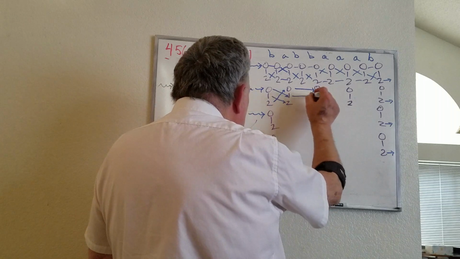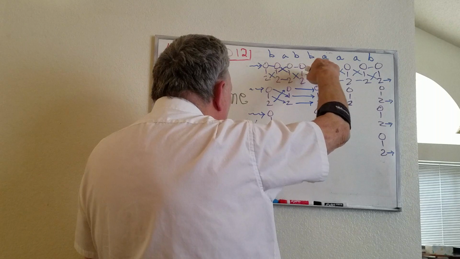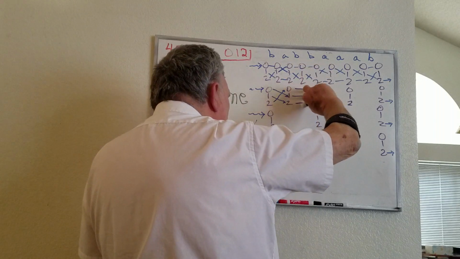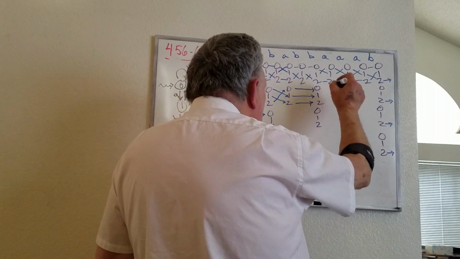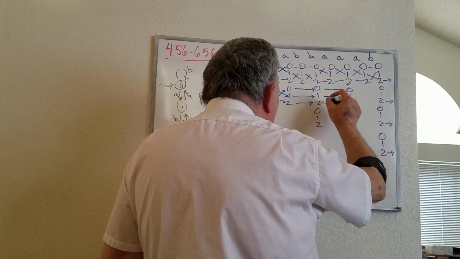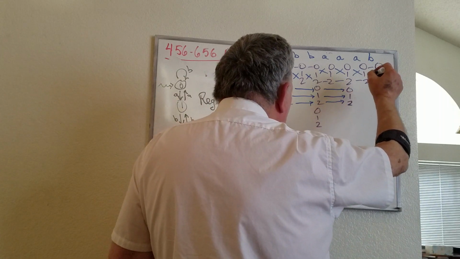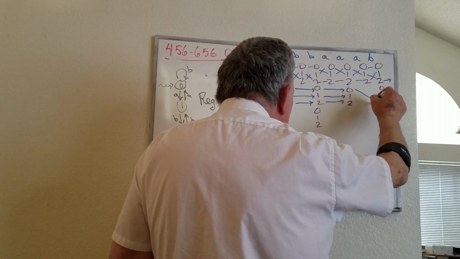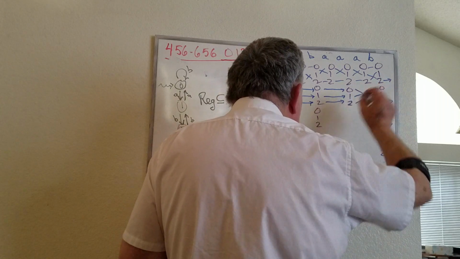When I combine these 2 diagrams, I get arrows going straight across. Likewise, when I combine these 2 diagrams, I get arrows going straight across. And when I combine these 2, I get 0 to 2, 1 to 0, and 2 to 1.